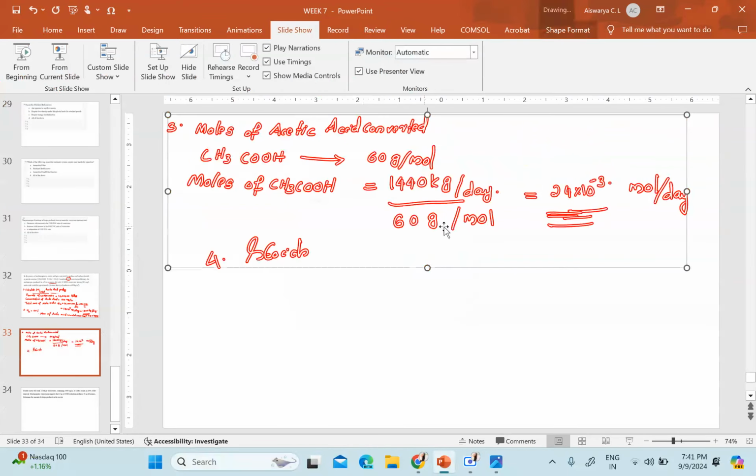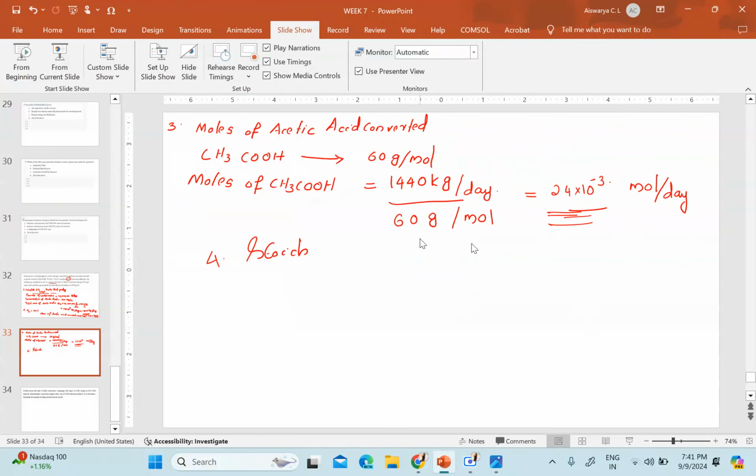See, this 60 means 60 gram, so you're converting into kg, it becomes 0.06, because 60 divided by 1000 you're doing.